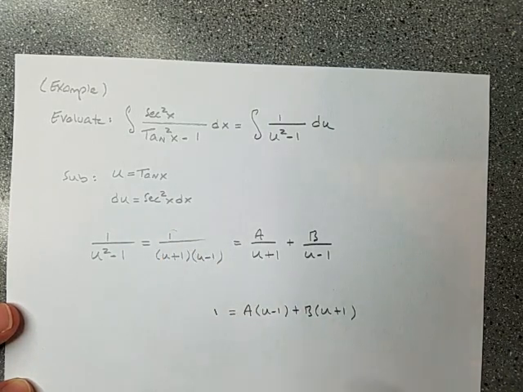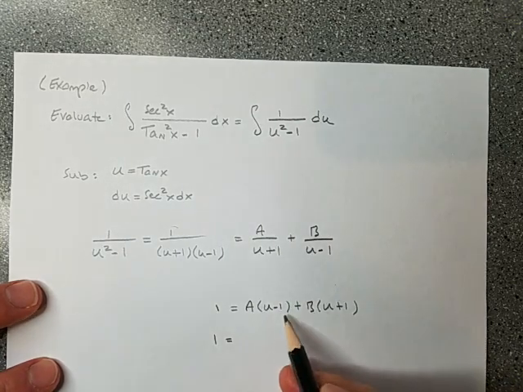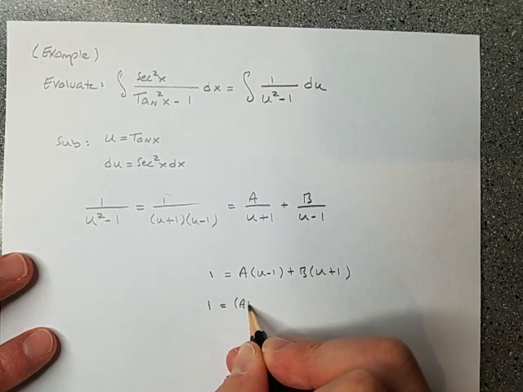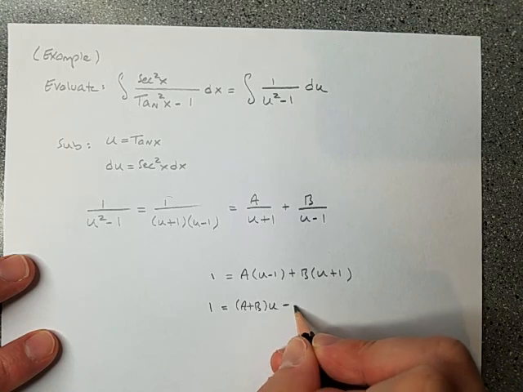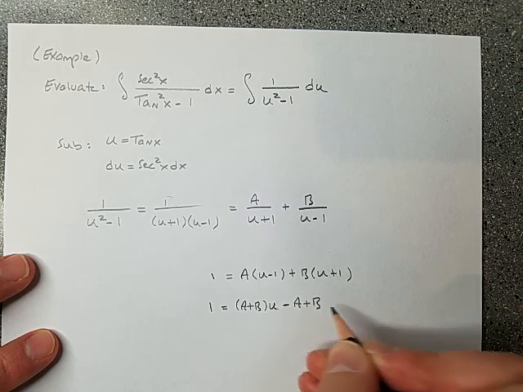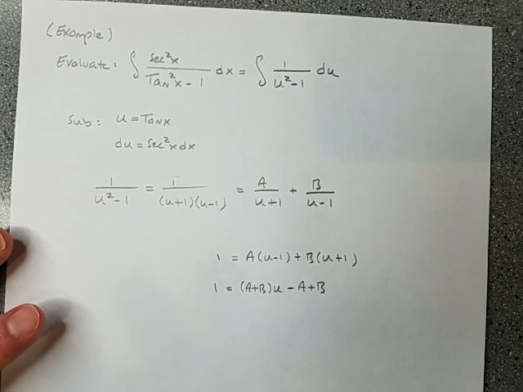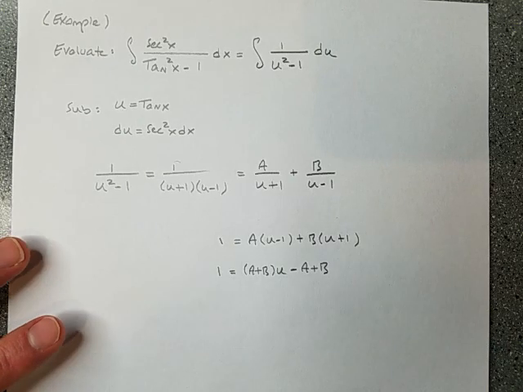So from there, I'll combine all like terms. What I'm going to get is a plus b times u minus a plus b. I'm doing that exactly like I would have done problems before, skipping a few more steps now, but doing it the same way.